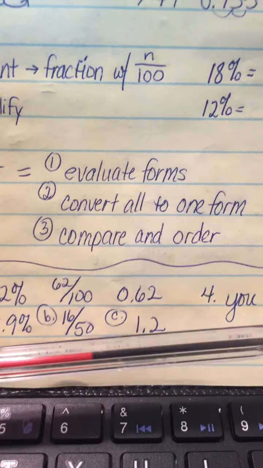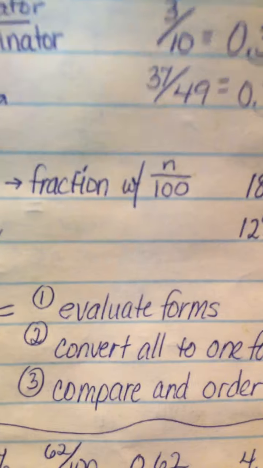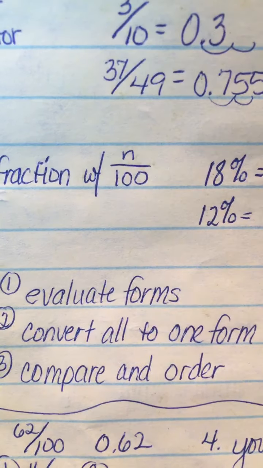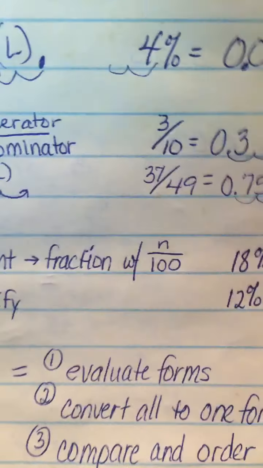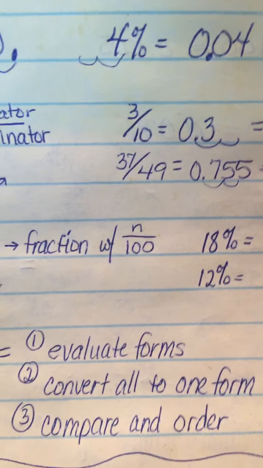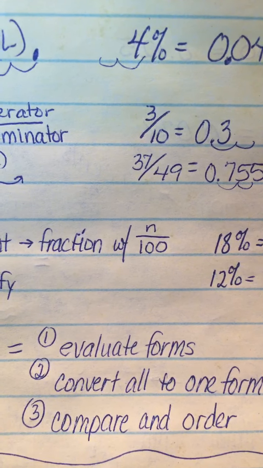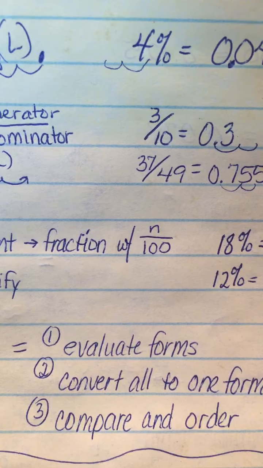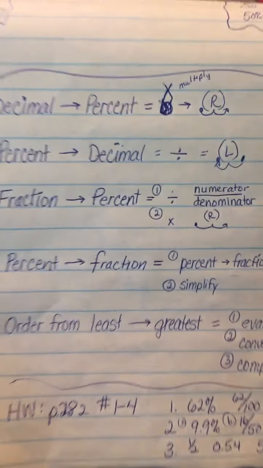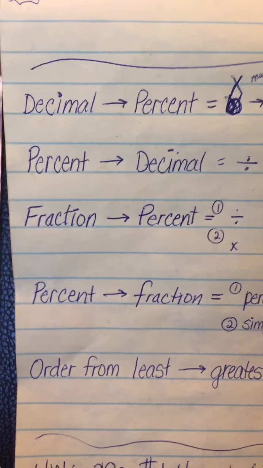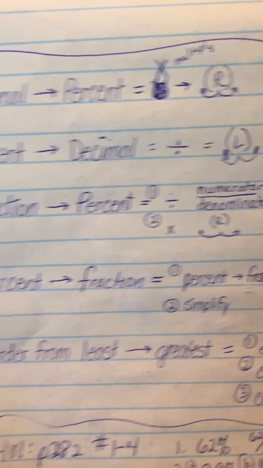Let me get in a little closer. I had you do it in decimal form. And then you compare and put them in order. Okay? All right. I hope you got that.